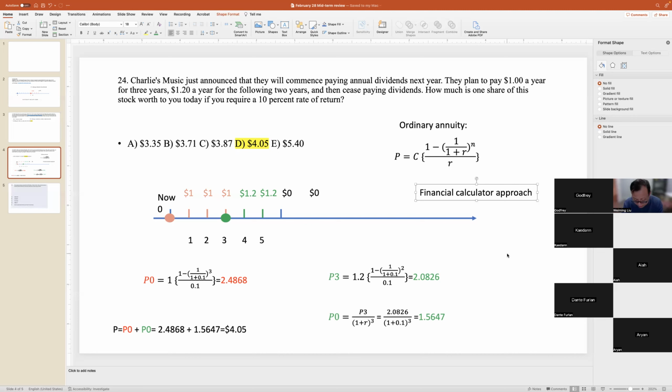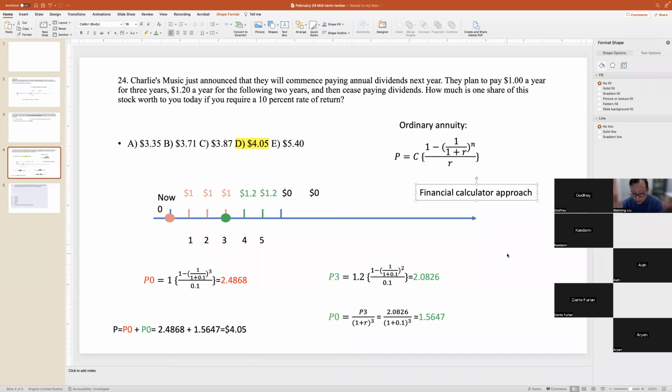So you go with CF, right? CF0 equals 0. C01 that's $1, F01 that's 3, and C02 is 1.2. F02 is 2.